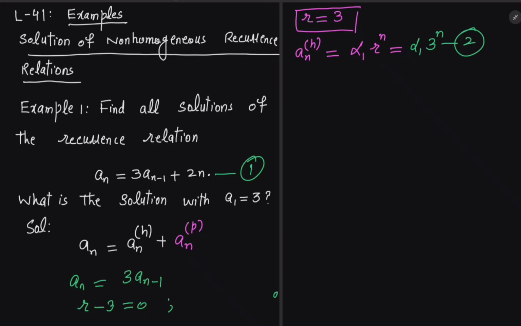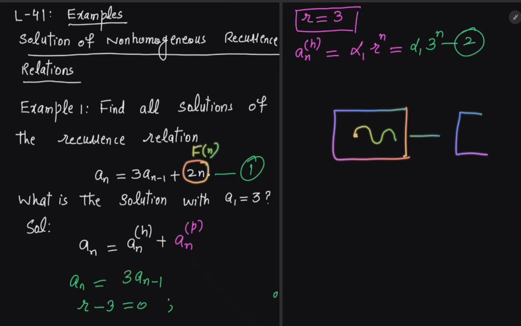Now the question is, how can we find the particular solution? And here you can see that in equation 1, we have this f of n. Remember that whenever you have a system, and if that system contains as input some kind of polynomial, then the output will be a polynomial as well. If you have input as a sinusoidal wave, your output will also be a sinusoidal wave.